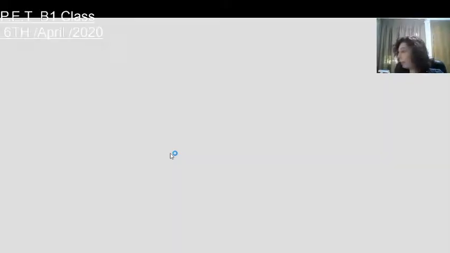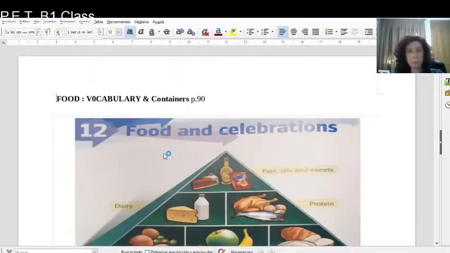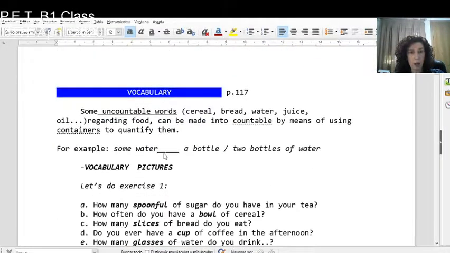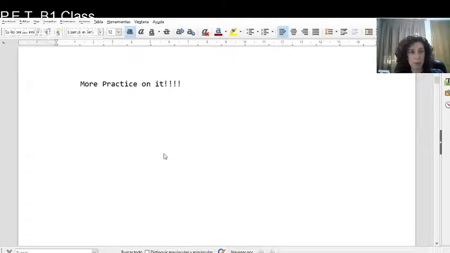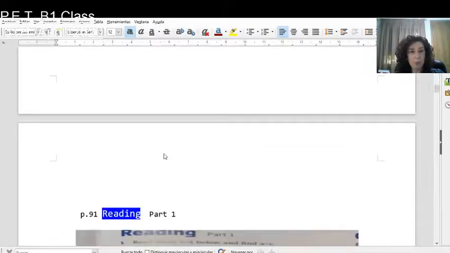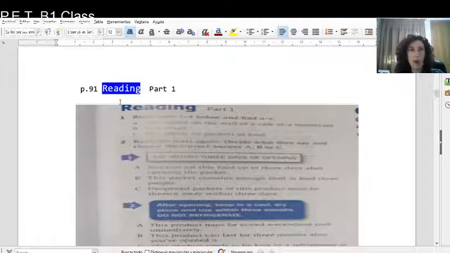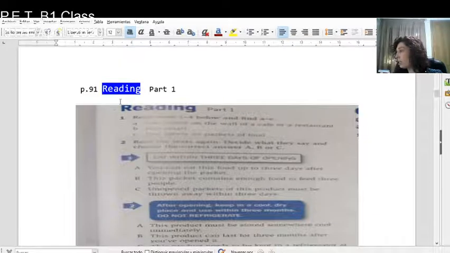So, let's go on. We have the vocabulary and we have more practice on it. Now, regarding this, on page 91, you have a reading similar to the one for the exam. It's reading part 1. You have different notices, different messages, notice, email, labels.